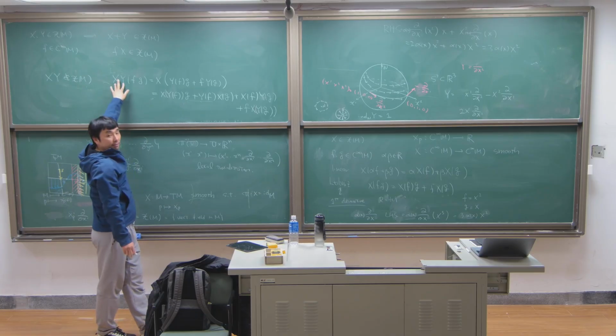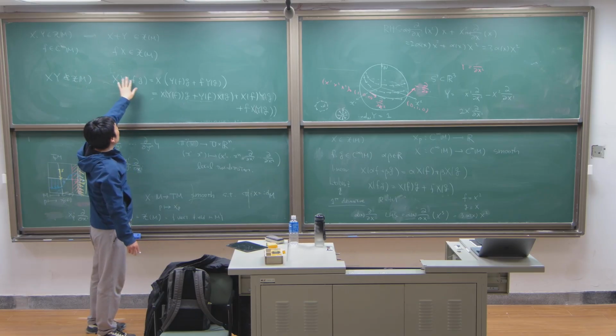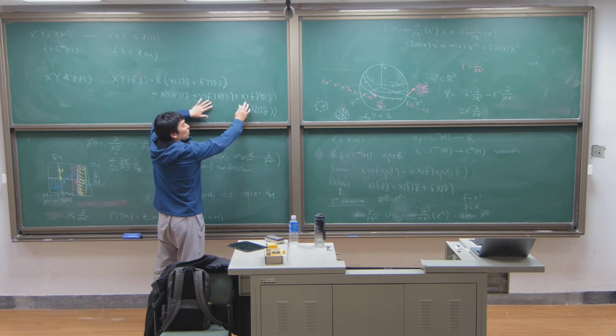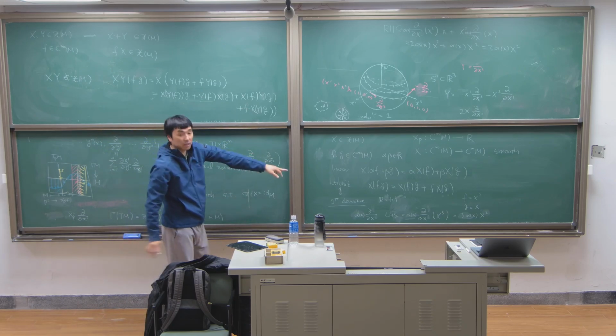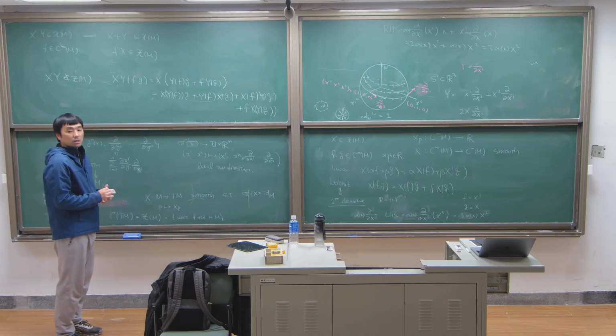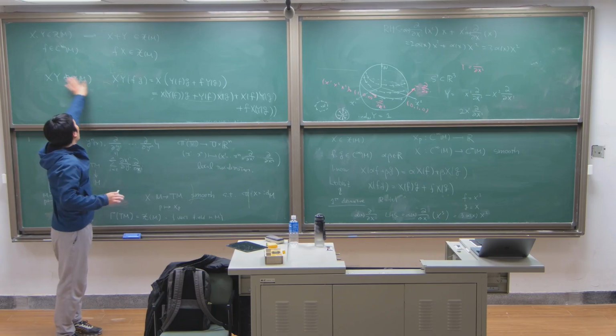xy, if it is a vector field. Okay? If you apply xy to fg, xy acting on f or xy acting on g, these are two terms. On the other hand, these two terms are extra terms that violate the Leibniz rule. Okay? So therefore, xy cannot be a vector field.